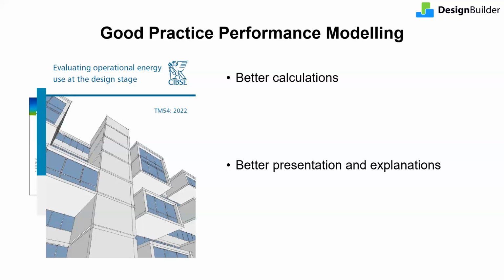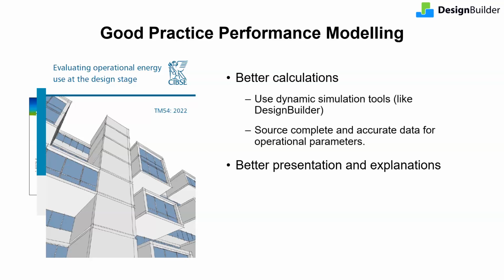Practical recommendations for good modeling which are covered in these documents can be categorized into two parts. Firstly, recommendations for better calculations, and then recommendations for better presentation and explanation of results. By better calculations, I mean the use of appropriate simulation software and project-specific assumptions.